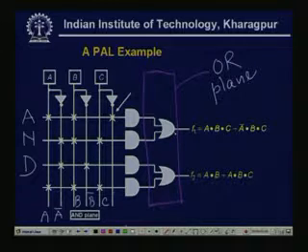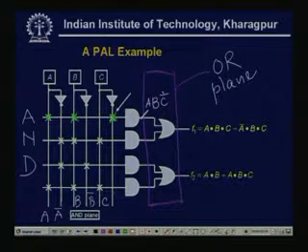See, there are crosses here. That means this is A, and the cross is here, so this is B and this is C bar. So, the output of this AND gate is A, B, C bar.